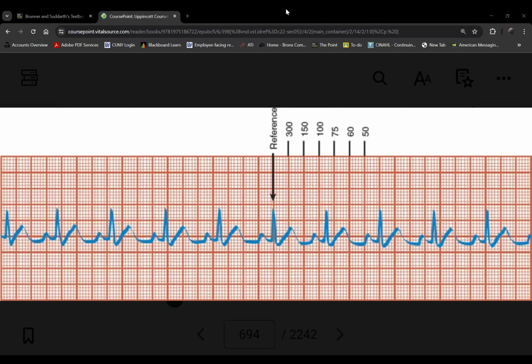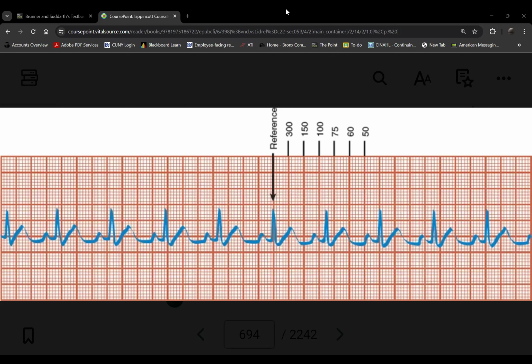It's up to you. Okay, R. Which 2 R's do you want to count between? This one and which one? To there, right? That's a good choice because now you can count 1, 2, 3. That's 3 big boxes. And what is this? 3.5? Yeah, so there's 3.5.